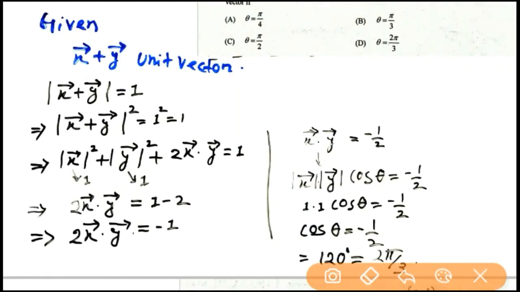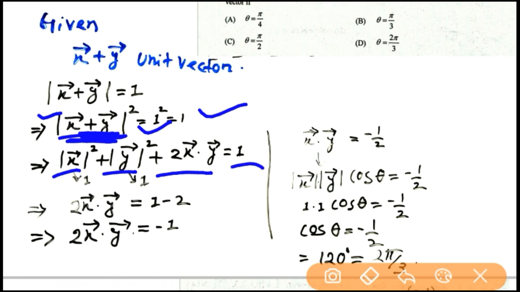Given that x plus y is a unit vector, so the magnitude of x plus y equals 1. By squaring both sides, we get 1² is 1. Here this is (a + b)², so a² + b² + 2ab equal to 1.